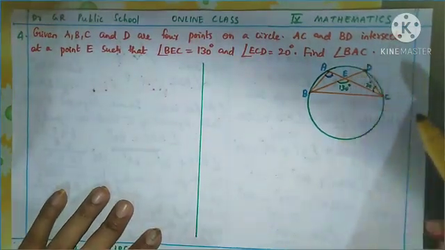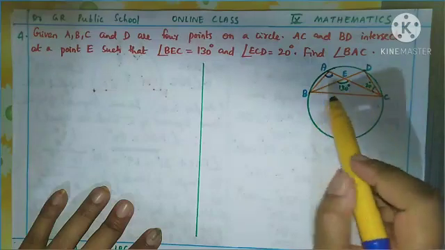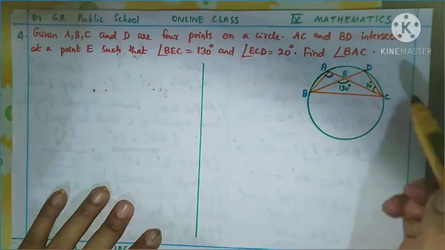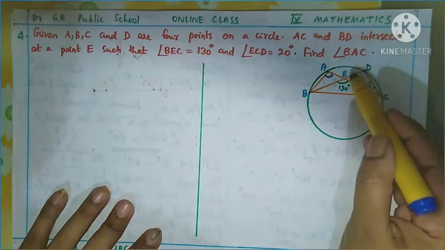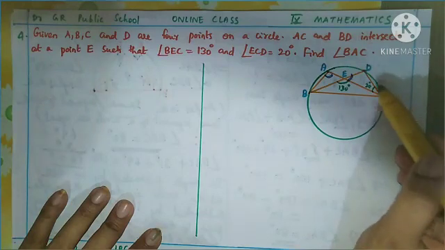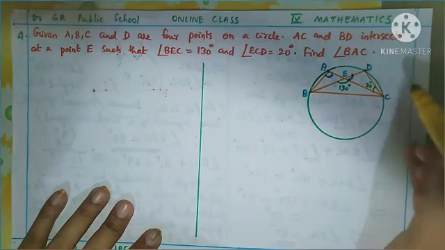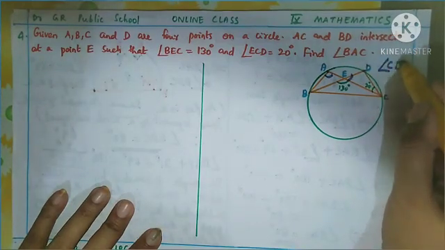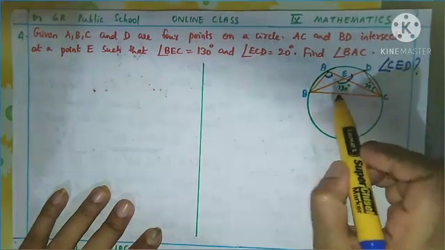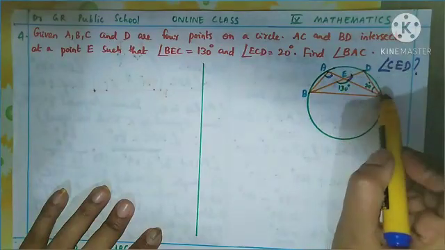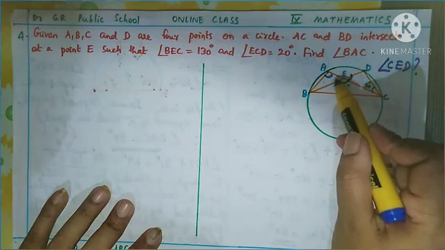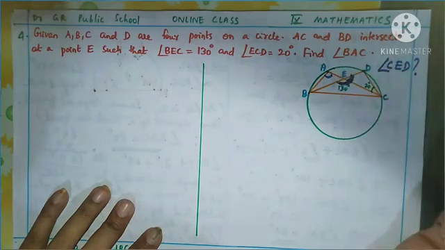For that, angle BEC is given 130 degrees. Is it possible to get angle CED? Yes, because angle BEC and CED are forming a linear pair.